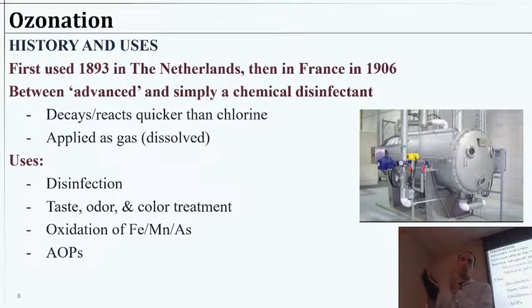Okay, so ozonation has actually been used for a long time. First in about 1893, the Netherlands, later France, a decade or so later. And ozonation by itself is somewhere between an advanced and just a regular chemical disinfectant. Now, ozone itself is a pretty strong oxidant.